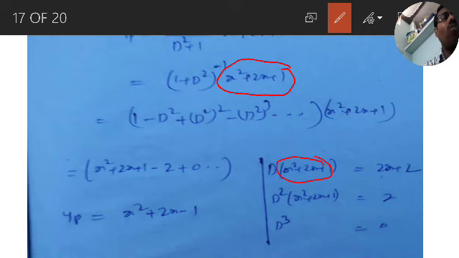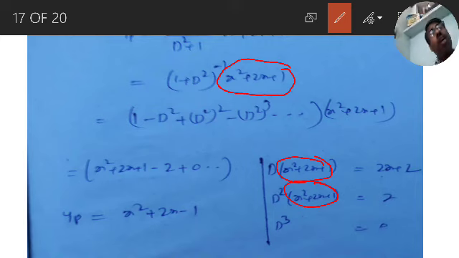So take the derivative of the whole thing, first derivative, second derivative, and treat x square plus 2x plus 1 as a single term. Don't split into three terms and do it three times, it becomes very large. Even though you will get it, you would have to apply the method three times, but there is no need to apply it three times, you can take it in a single take itself. Are you getting? So we got yp.